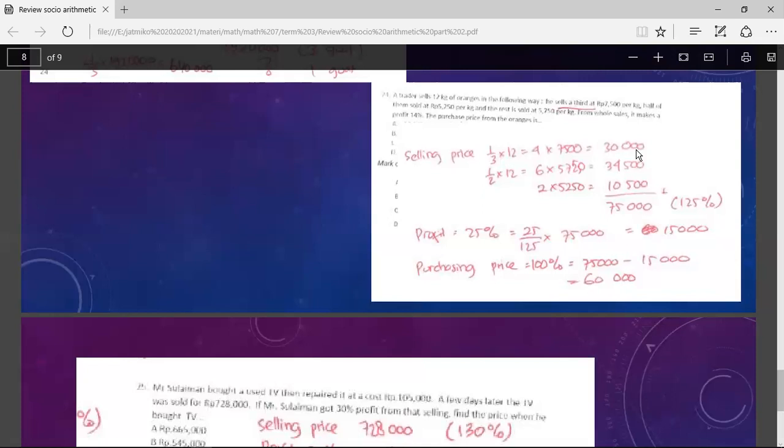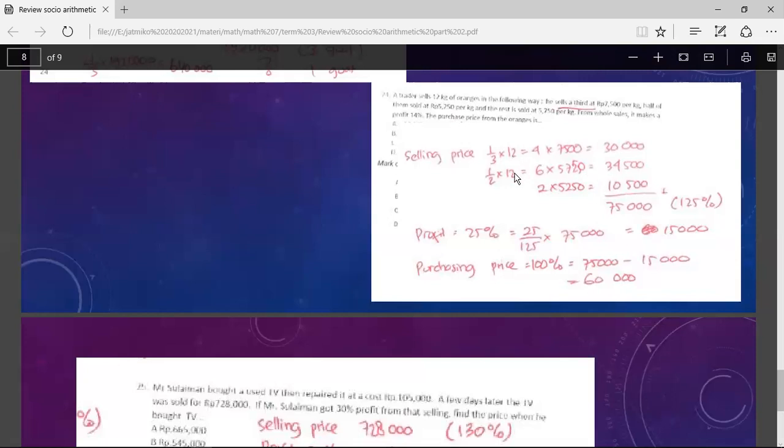And then half of them, half of 12, so 6 kilograms, they sold at 5,750 per kilogram. That is equal to 34,500.